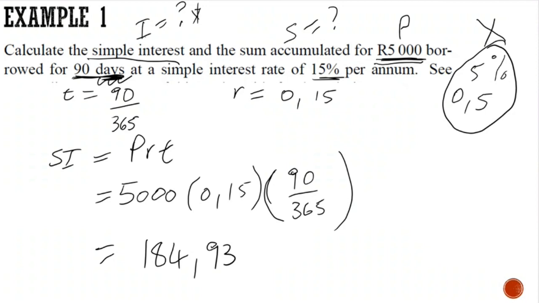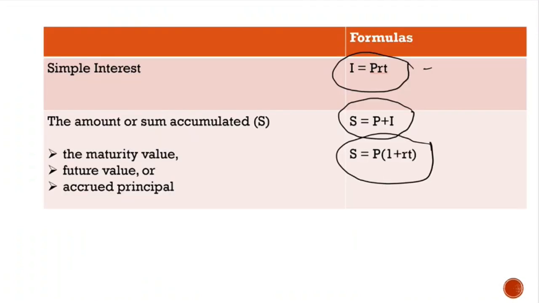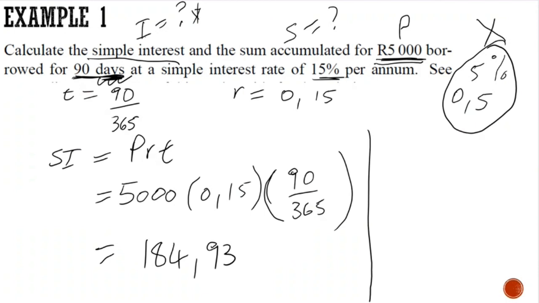So now that is your simple interest, and then you are also asked to calculate the accumulated amount. You can go back to your formulas. Here is the sum accumulated. It is P plus I. Remember, this I is the simple interest.